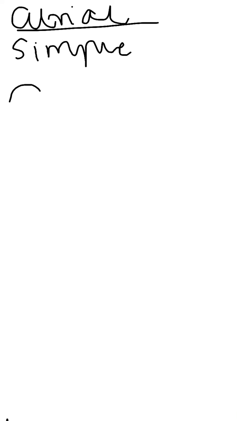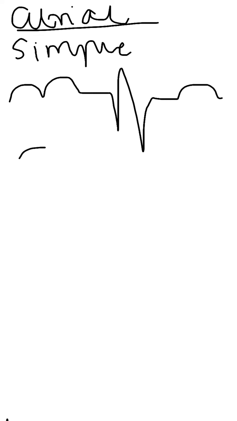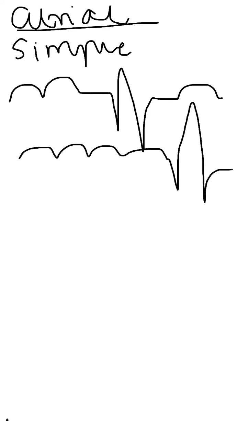So you might have a P and another P, and then the segment and then QRS. Or you could have a P, P, P, maybe even another P, and then that's when you have your QRS and so on. This one is known as a simple tachycardia.